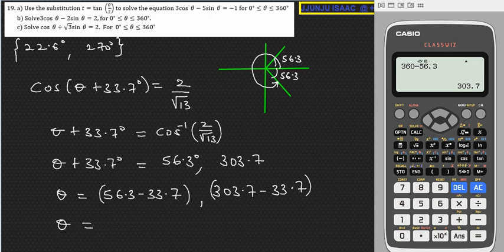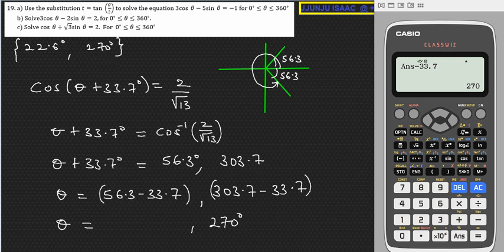Let us see. 303.7 minus 33.7 gives us 270, the one we got with the T formula.